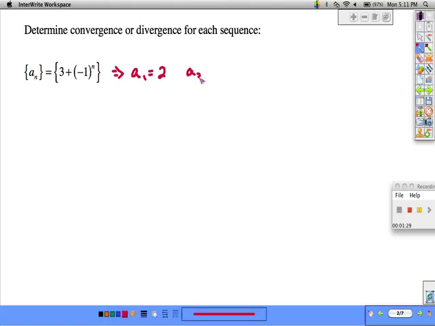A sub 2 would be 4. A sub 3 is 2. A sub 4 is 4. And so on. This repeats itself. So for this particular sequence, there is no limit. So this sequence diverges.